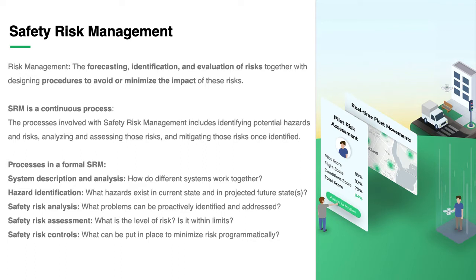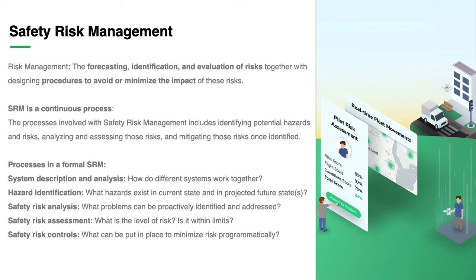So those are things like having a description of the systems of your business and analyze how they work together. You should identify hazards that exist in a current state and predicted future states. And you should be able to analyze those safety risks as they come up in a proactive fashion.